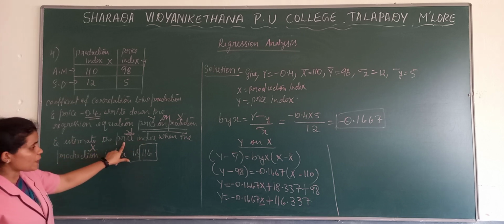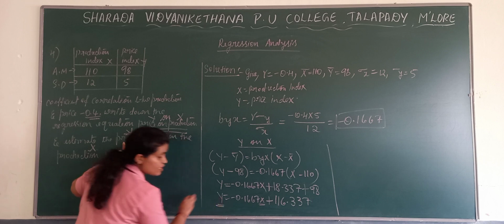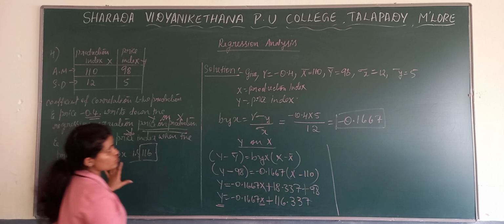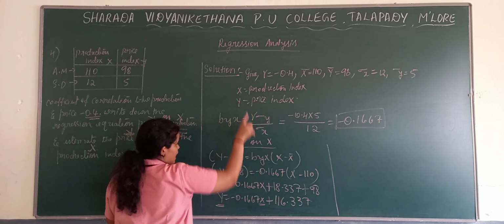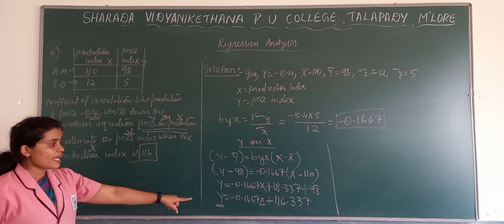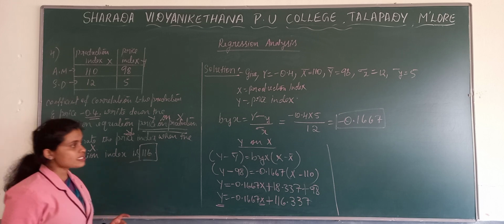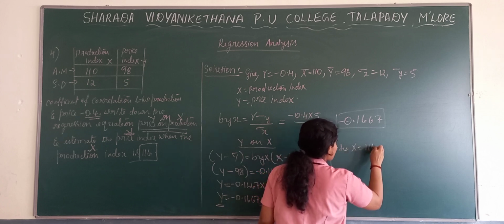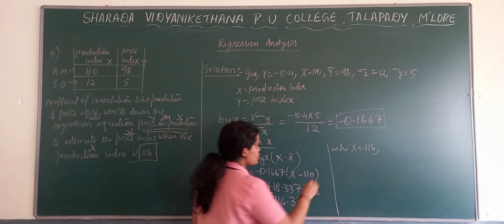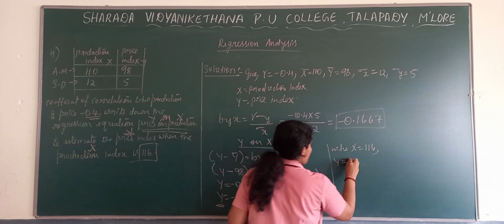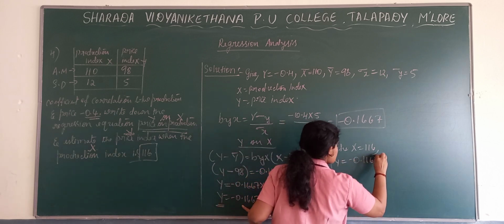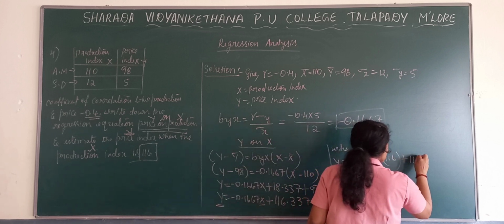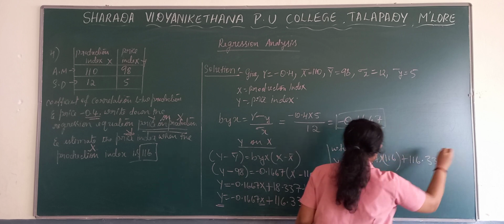And also estimate the price. We need to estimate the price, that is y, price index, when the production index is x. When x is equal to 116, then y is equal to minus 0.1667 into 116, then plus 116.337.